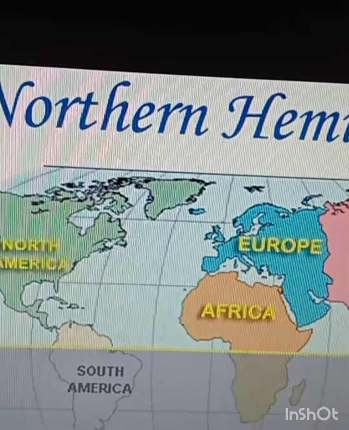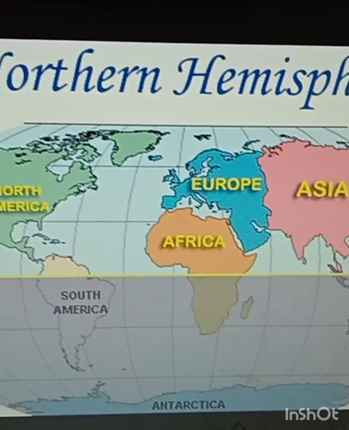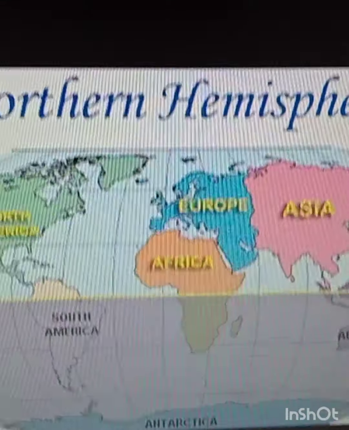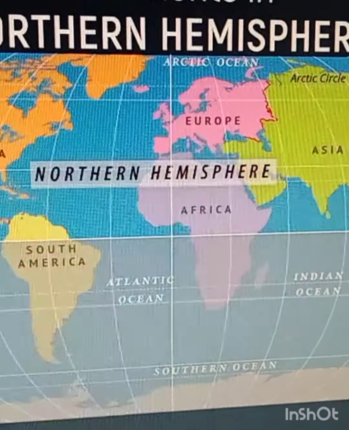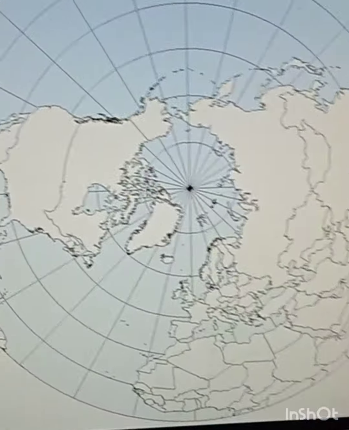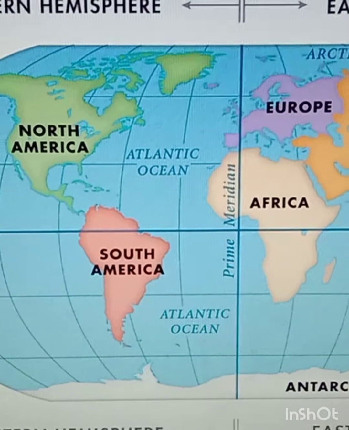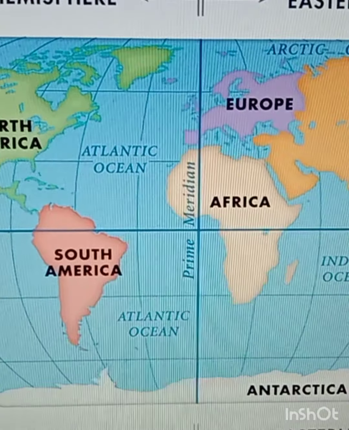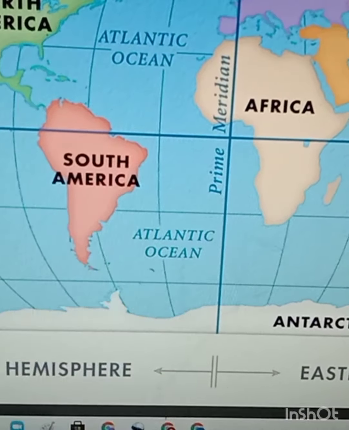The half of the Earth to the north of the equator is the northern hemisphere. The half to the south is the southern hemisphere.